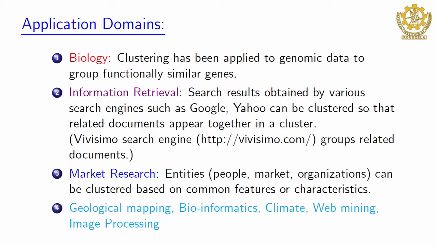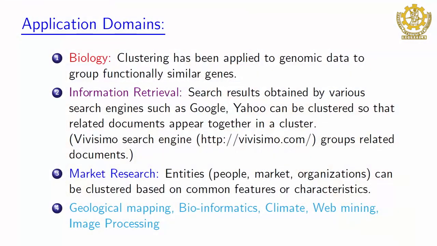Google News puts the related documents, such as all sports news, in a similar cluster, and then they label the cluster as, say, sports news, and so on. And then market research. Entities, people, and market organizations can be clustered based on common features or characteristics, and then there are applications in image processing, web mining and so on.